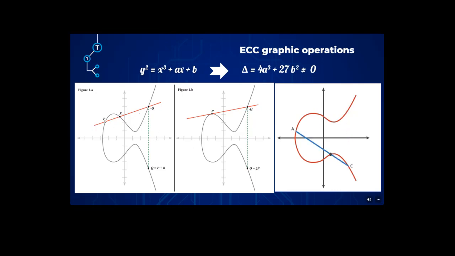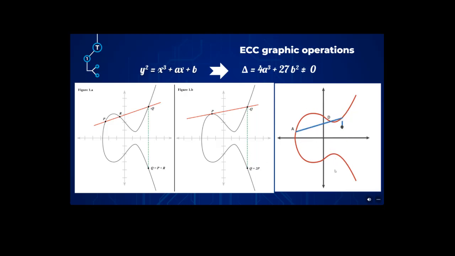For the addition, we will start with two points P and R. We will draw the line through these two points, and the reflection of the intersection here will be the sum of P and R. With the same process, we can also process the multiplication or the doubling of a starting point P. We will draw the tangent over this point, and in the same way, the reflection of the intersection with the curve will be 2P.